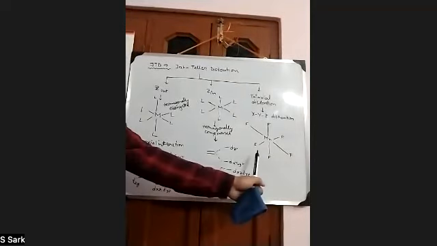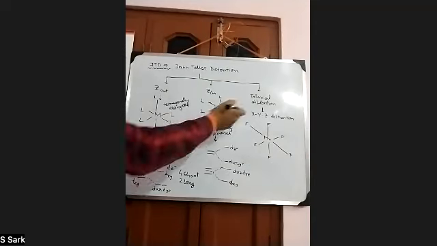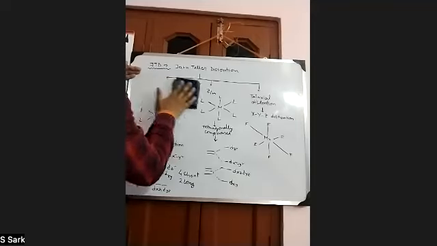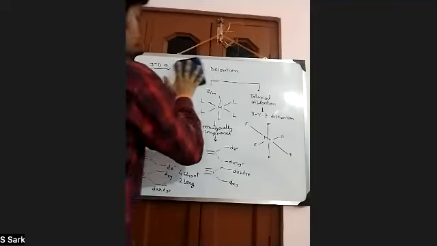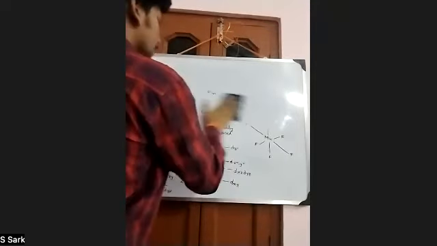So these are the main concepts of John-Taylor distortion we have seen. These are the splittings in case of John-Taylor distortion, and this is another type of John-Taylor distortion we can see. So now, which type of compound shows John-Taylor distortion? We will talk about that.